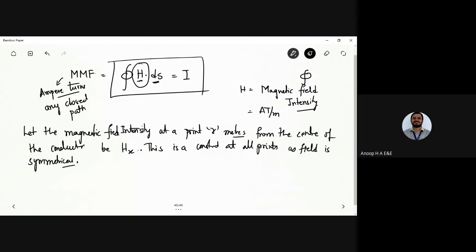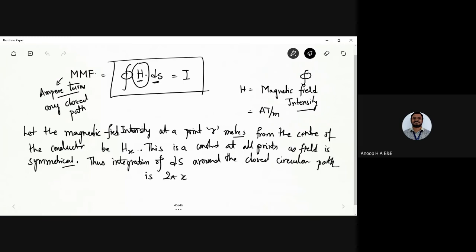So the integration of ds around the closed circular path is 2 pi into x.